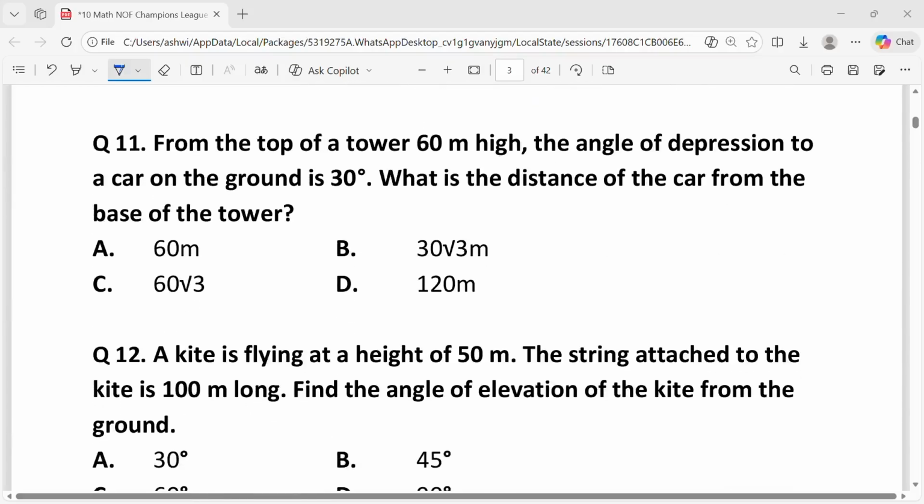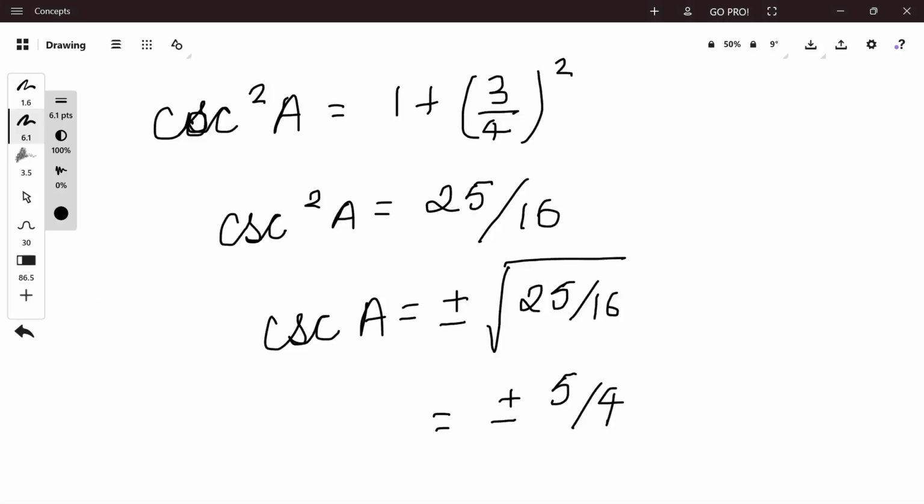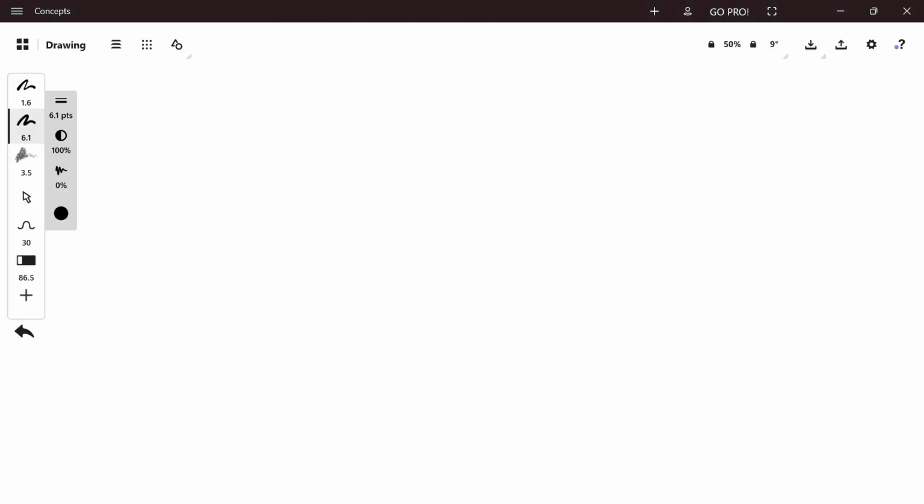Question 11. From the top of a tower 60 meter high, the angle of depression to a car on the ground is 30 degrees. What is the distance of the car from the base of the tower? The problem can be modeled as a right angle triangle where the height of the tower is the opposite side and the distance of the car to the base is the adjacent side.